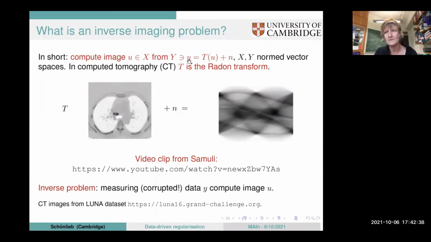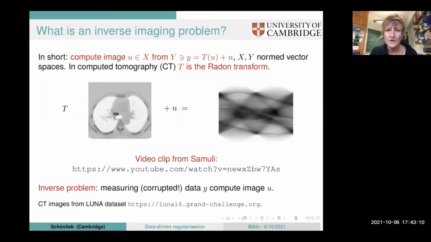But we are measuring something that we are not directly happy with, that we are not directly interested in. We are interested in something that is hidden in the data. Let me call the data Y. That is related to a quantity, an image in most of the things that I'm going to show you, an image U we want to compute from the data, that is connected to the data via a process capital T that is a linear or non-linear so-called forward operator capital T.